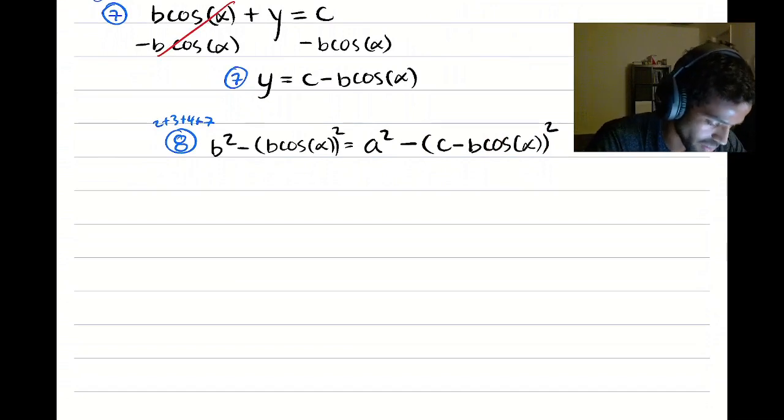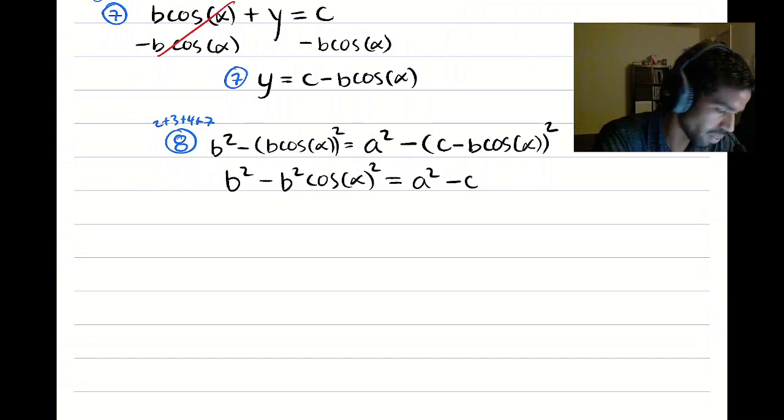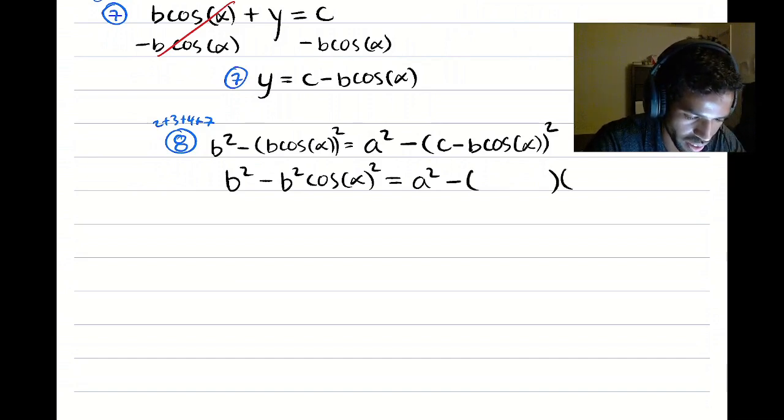So now let's make sure that it works. B squared minus b squared cosine of alpha squared. So we squared both the b and the cosine alpha. That's equal to a squared minus c. Oh, now we're going to have to FOIL this out. So let's separate it first.